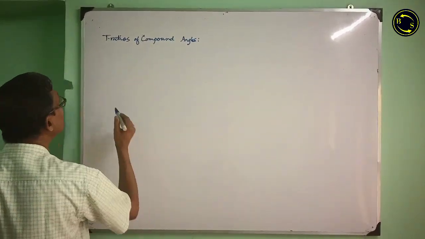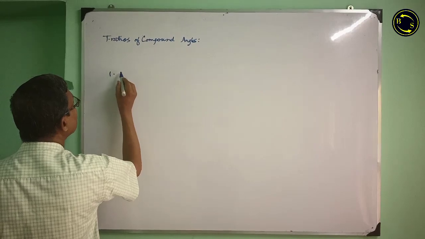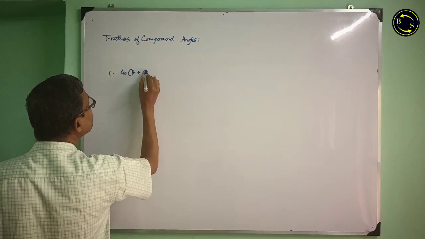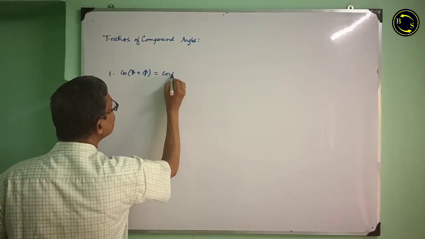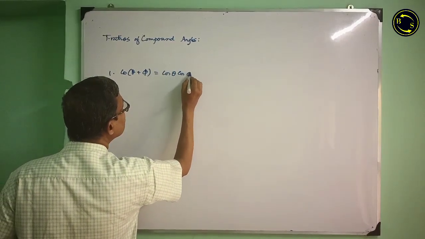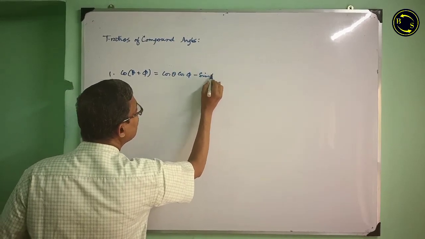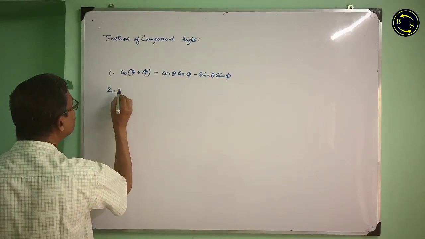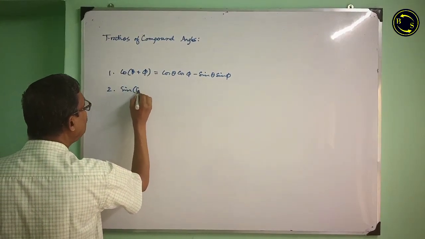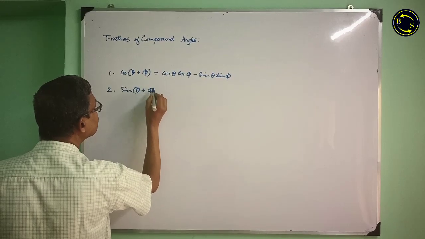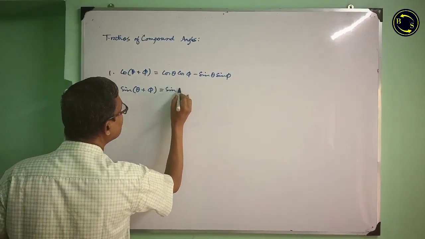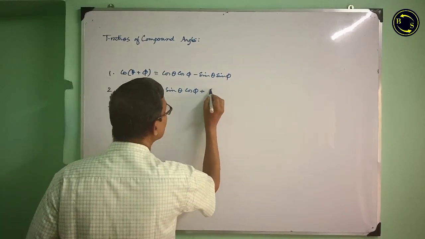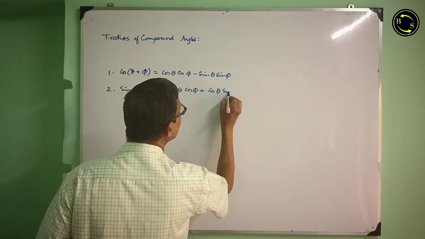What we have deduced: number 1, cos of theta plus phi, cos theta cos phi minus sin theta sin phi. Number 2, sine of theta plus phi, sine theta cos phi plus cos theta sine phi.